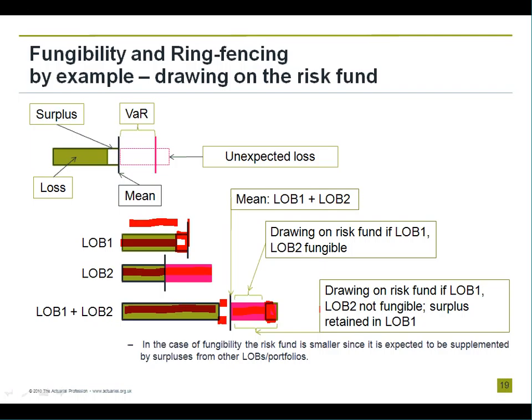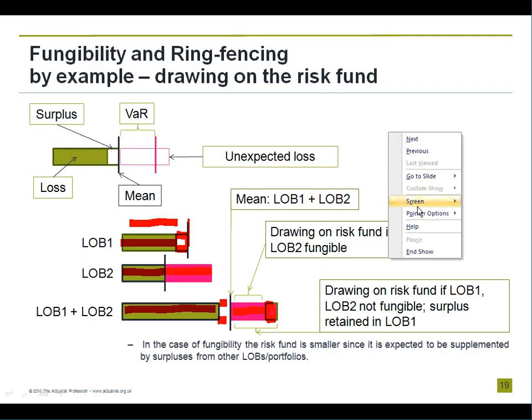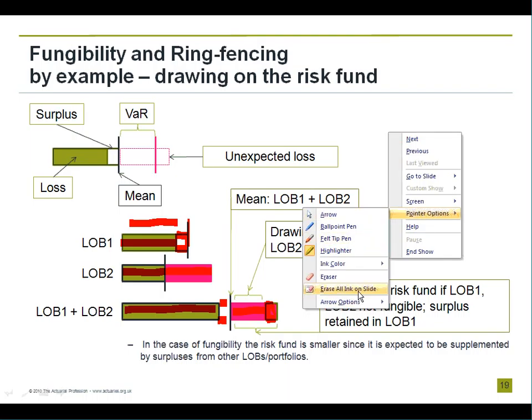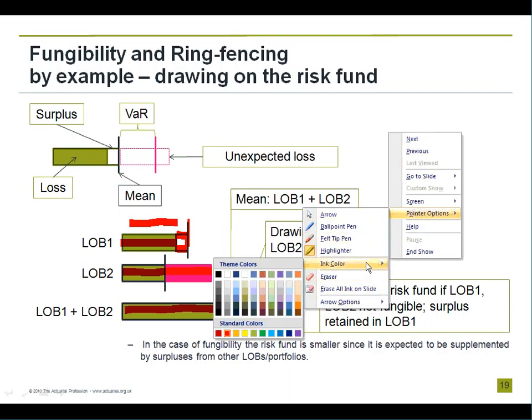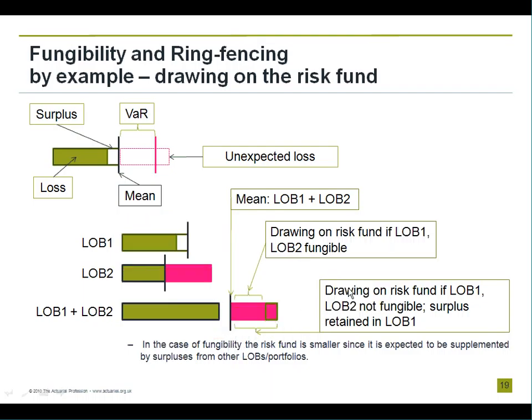Okay, so first example: what do you draw from the risk fund if you do share surpluses between the two LOBs, or if you like, they are fully fungible? Now for this LOB2, the amount that exceeds the mean is this amount, but you can use this surplus to fund that.